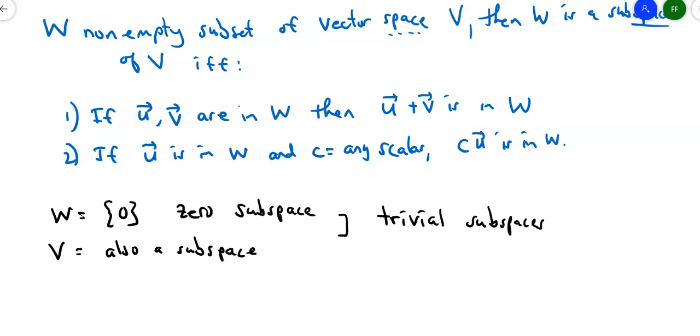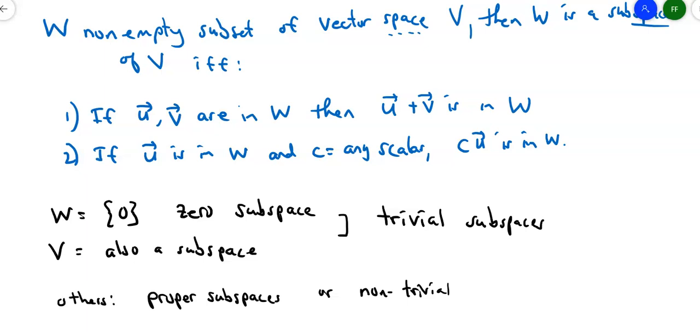All of the others are called either proper subspaces, or sometimes you'll simply call them non-trivial subspaces. All right, so the two trivial ones are the zero subspace and the entire set itself.